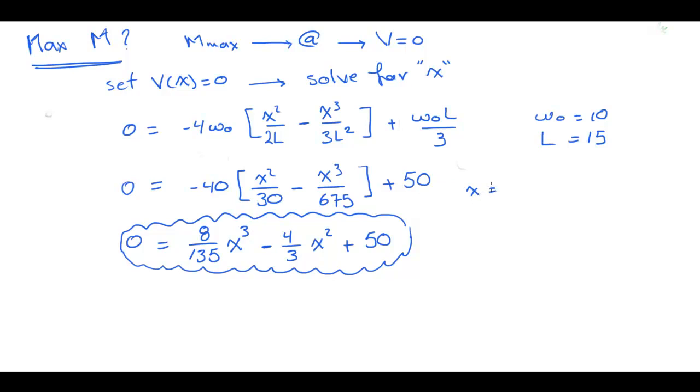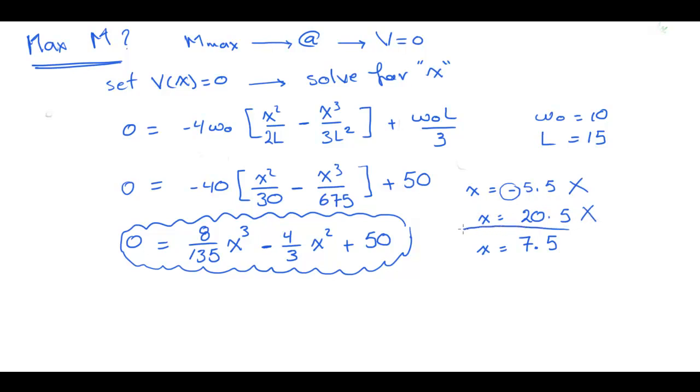I had x equals negative 5.5, x equals 20.5, and x equals 7.5. A negative value is of course wrong. The beam length is 15, so x cannot be 20, it's going to be outside the beam, so this one's wrong.